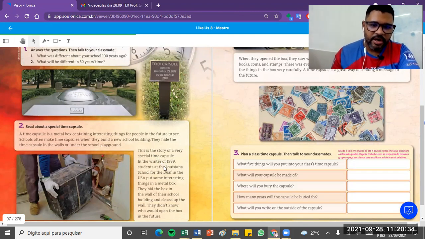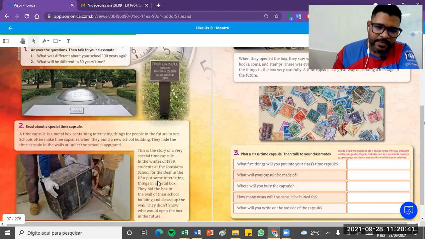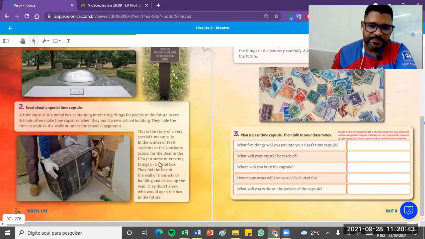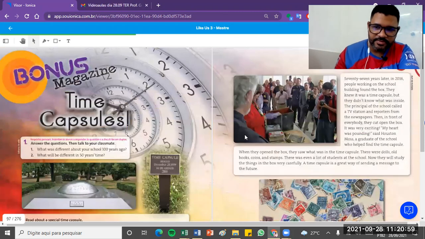In the winter of 1939, students at Louisiana School for the Deaf in the USA put some interesting things in a metal box. They hid the box in the wall of the school building and closed up the wall. They didn't know who would open the box in the future.